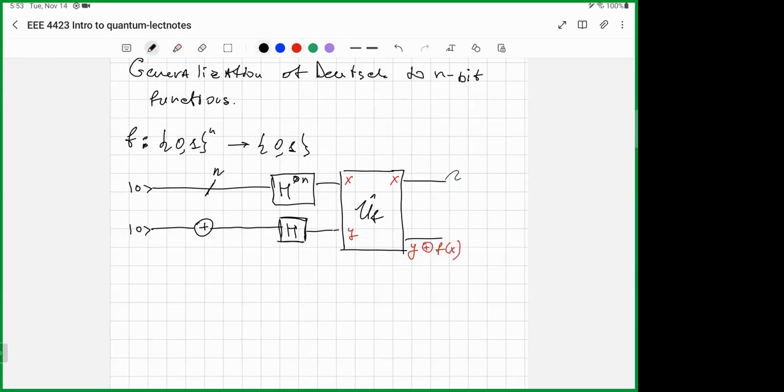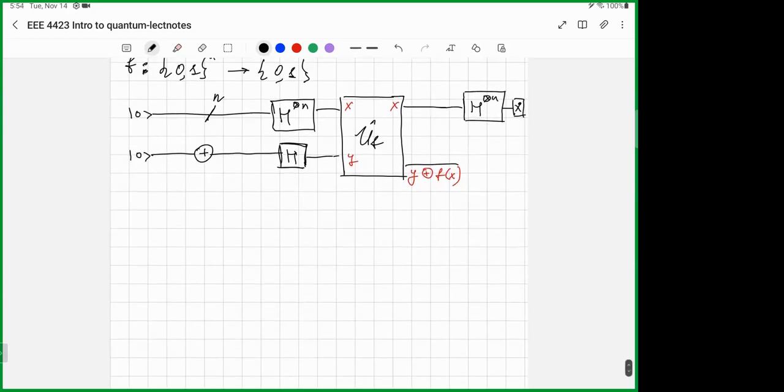Okay, and then we apply the Hadamard to the power of tensor n to the upper one, and measure the state of this n qubit register, or the system of qubits. And this allows us to define the type of the oracle, either constant or balanced. So a few words about complexity.